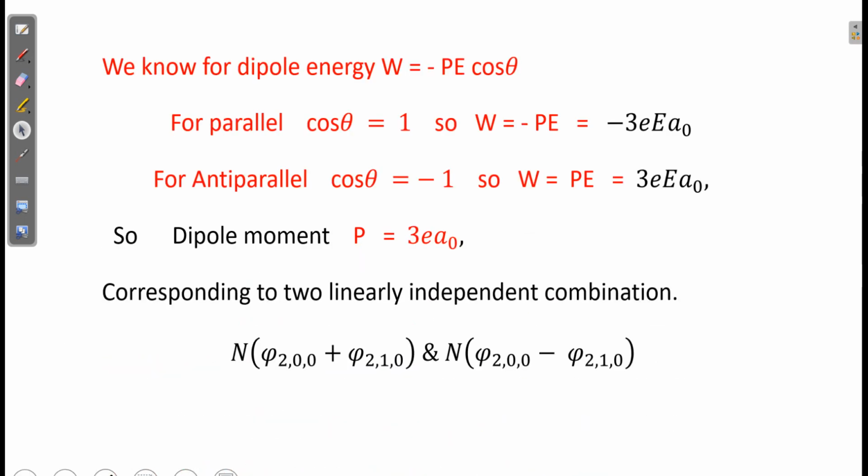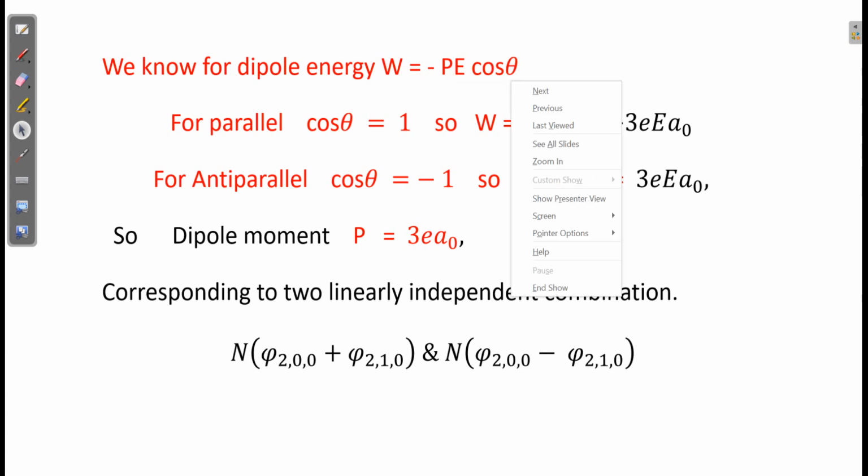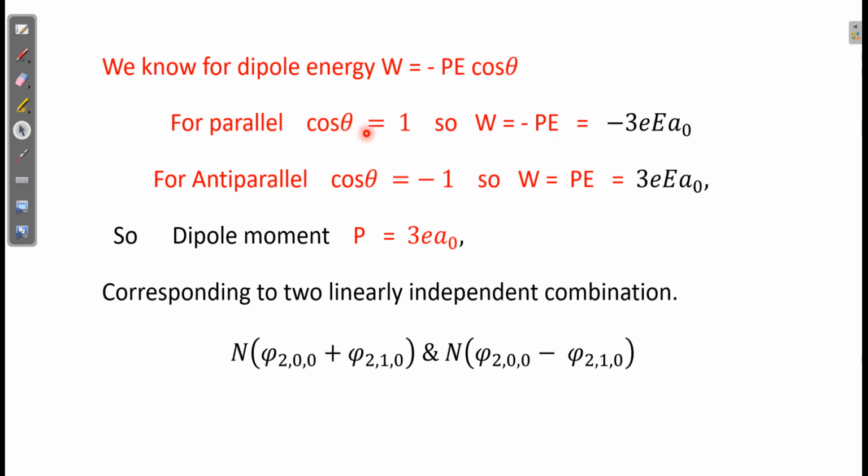We know the energy for a dipole: W is equal to minus PE cos theta. For parallel dipole cos theta is equal to 1, so W is equal to minus PE, and this value is minus 3e a naught. For anti-parallel, cos theta is equal to minus 1, so the value is plus.